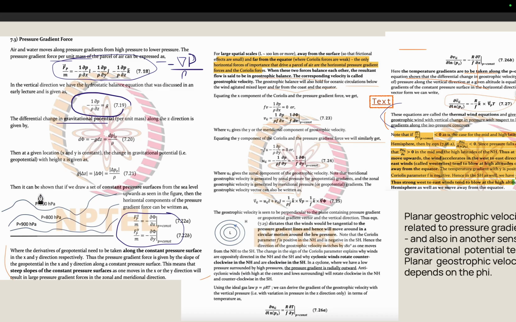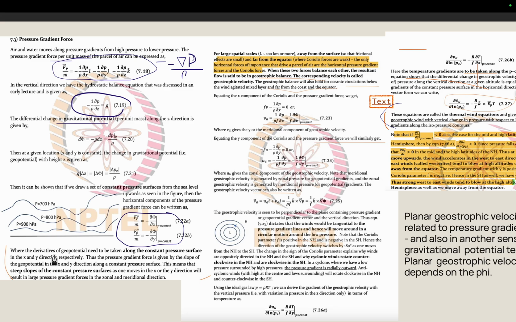It has been shown here that if we draw the constant pressure surfaces from sea level upward, as seen in this figure, here is 1013 hectopascal. Next is 900 hectopascal, 800 hectopascal, 700 hectopascal, and the pressure is falling as we go up in the vertical direction, the z direction.